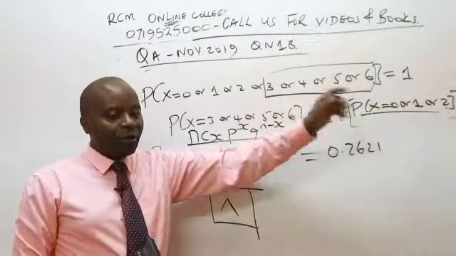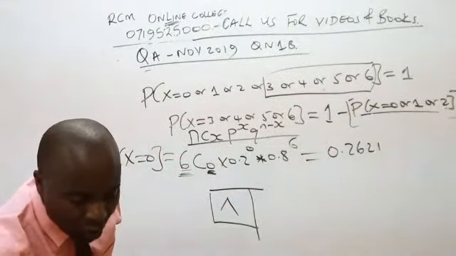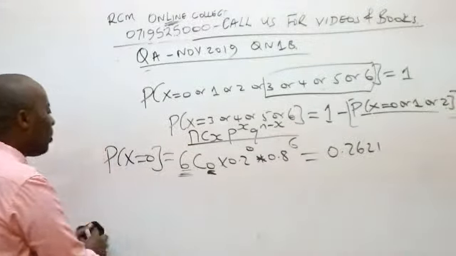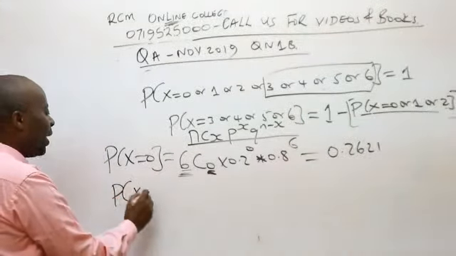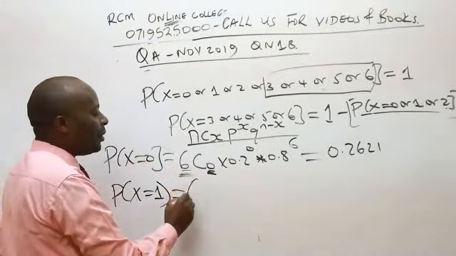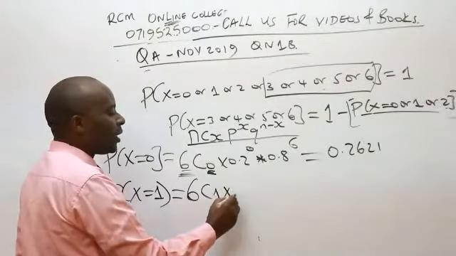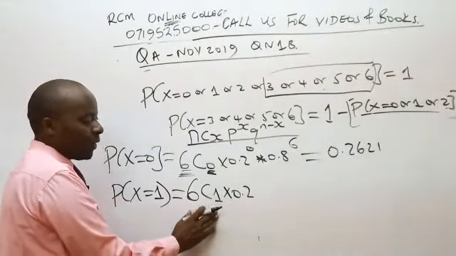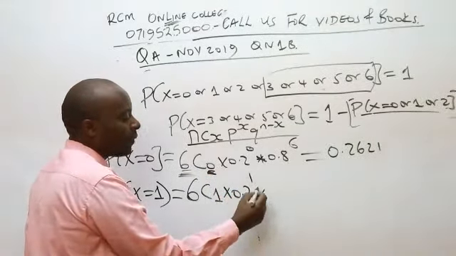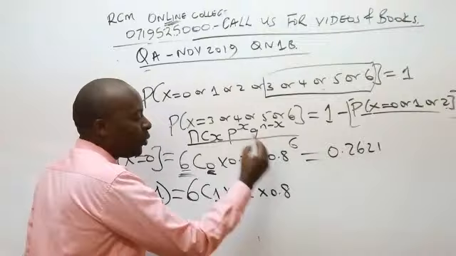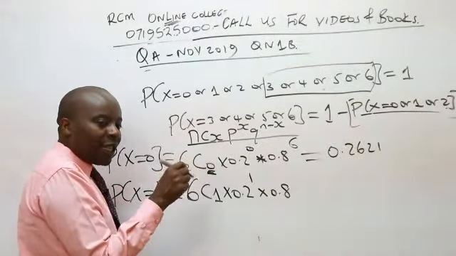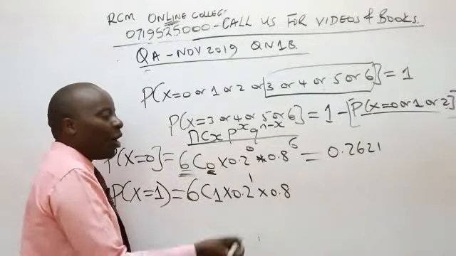Take on the probability of the second event, where X equals 1. So come and give us the probability when X equals 1. Remember, we are using this general formula. It will be 6 combinations 1 times 0.2. Remember now X is 1, so 0.2 is raised to power 1, times our Q, which is 0.8. Remember these figures, I gave them to you up there. So 0.8 this time around will be raised to a new power. How do I get the new power?